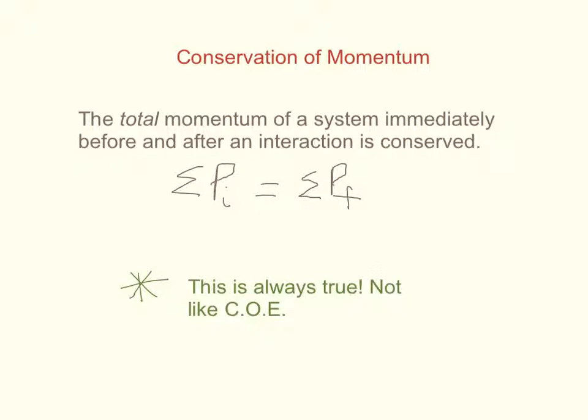This means that the momentum of the individual objects can change, but the momentum of the overall system cannot. And this is a rule that is true every time, regardless.